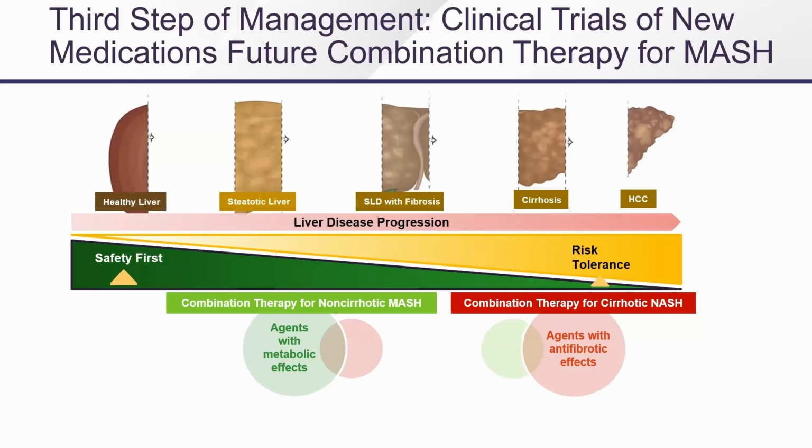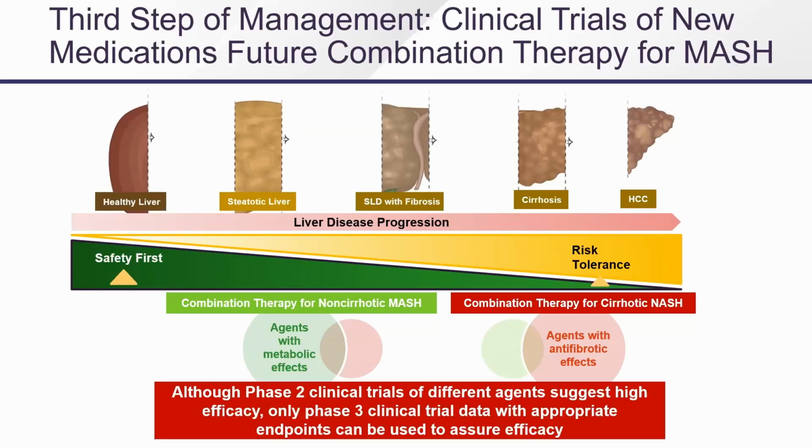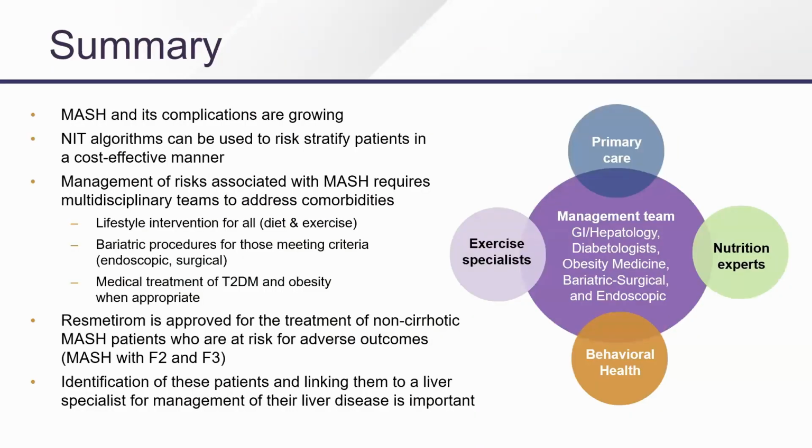This has been true in chronic hepatitis C. And this is probably the future of steatotic liver disease as well. Again, lots of promise in phase 2 trials, but we do need to see how it all pans out in phase 3 trials.